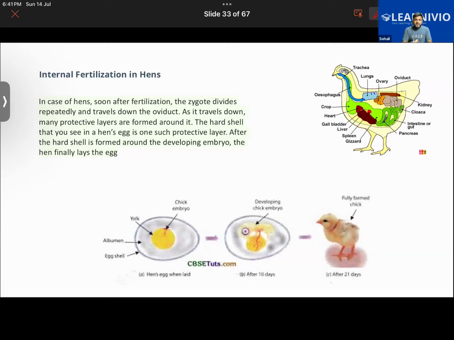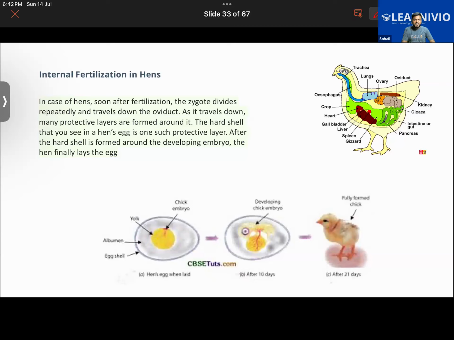We know that hens reproduce by laying eggs. Before they lay eggs, fertilization also takes place in some cases. In some cases, even without fertilization, hens would be laying eggs. Getting what I'm trying to say? Yes, sir.